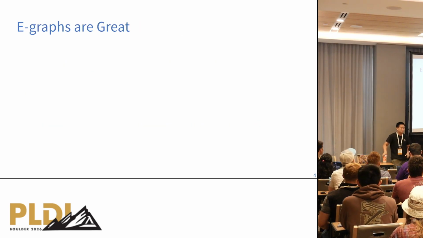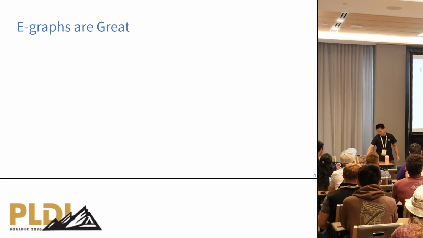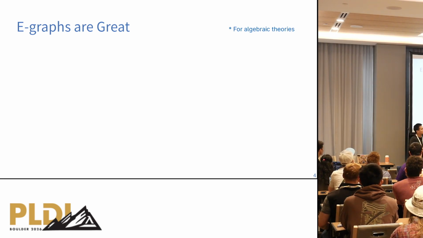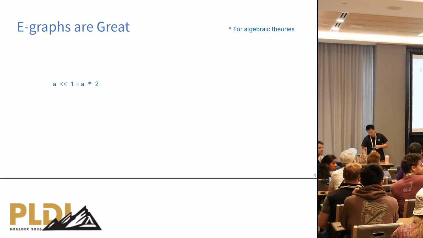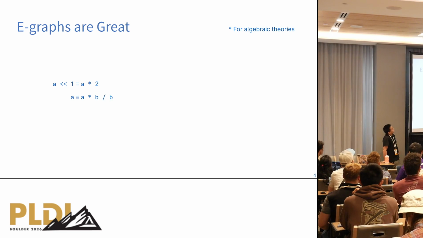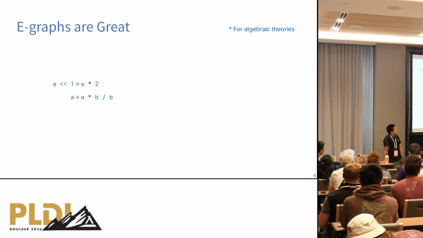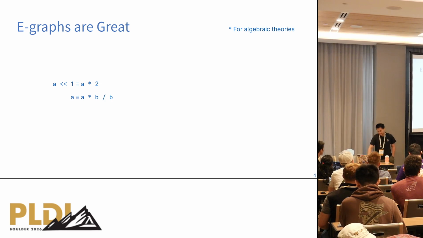So I'm going to make everyone happy to say eGraphs are great. And now I'm going to make everyone sad by adding a quantifier to say they are great for algebraic theories. For example, this is a very typical example used in EG.